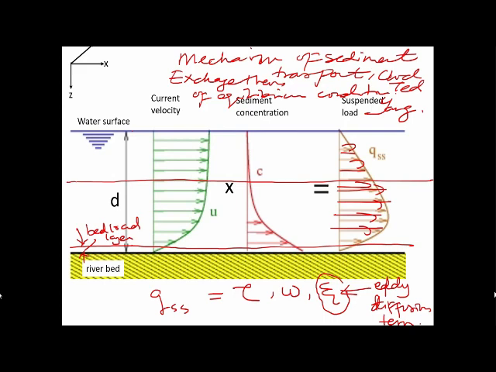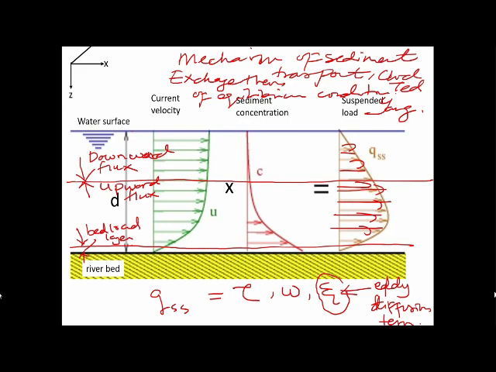One of the processes is the downward flux of the sediment, and also the upward flux of the sediment. So apa benda lah downward flux dengan upward flux ni? Okay.